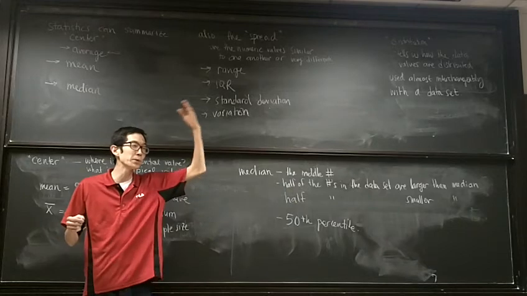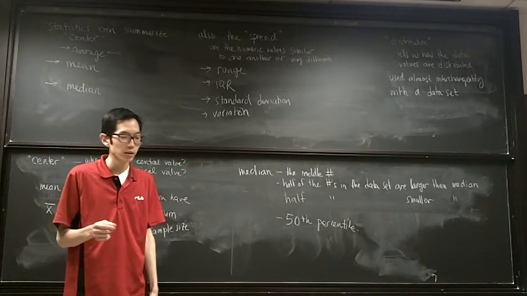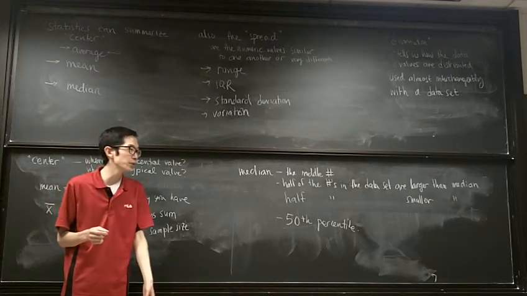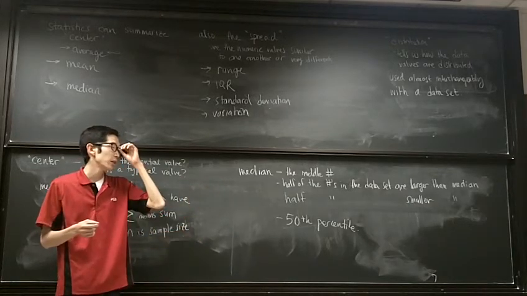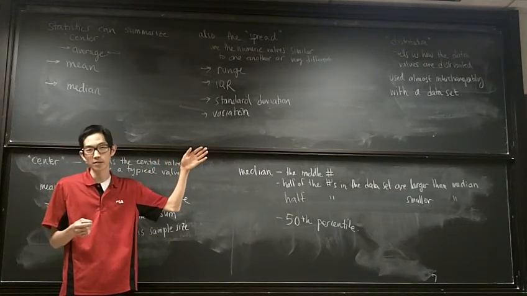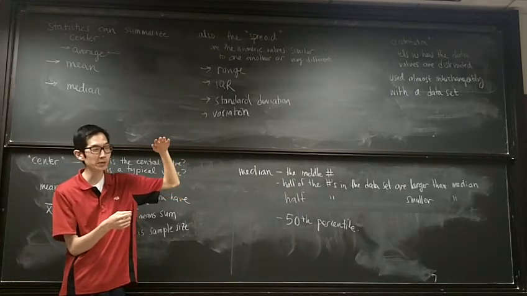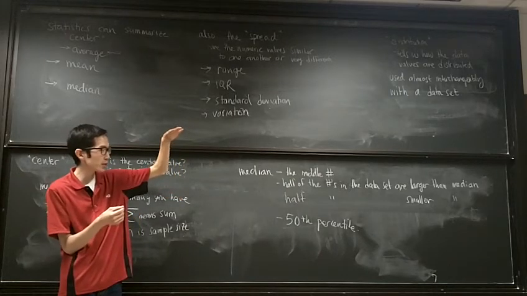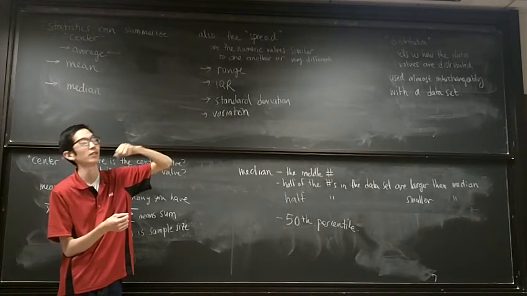For example, for the height of US females, the 50th percentile is about 5'4½". About half of American adult women are shorter than 5'4½".